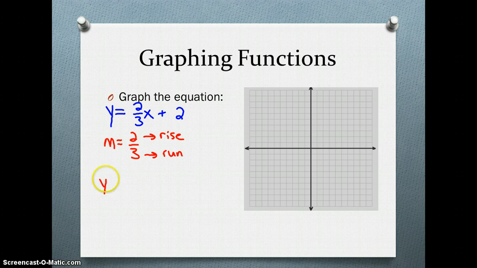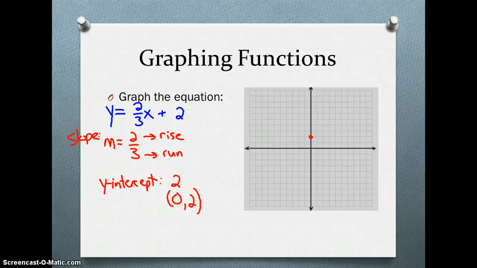Our y-intercept is 2. Just to remind you, m is slope. Our y-intercept is 2, so that tells us the point 0, 2 is on our graph. That's a great place to start. We always start from that point, that y-intercept, and we use our slope.